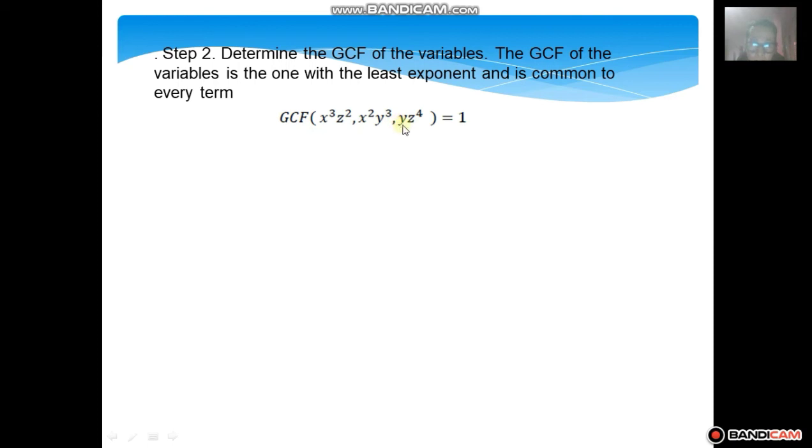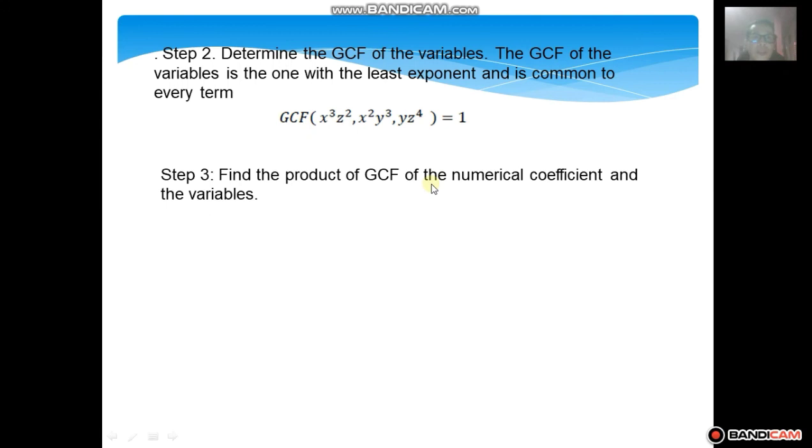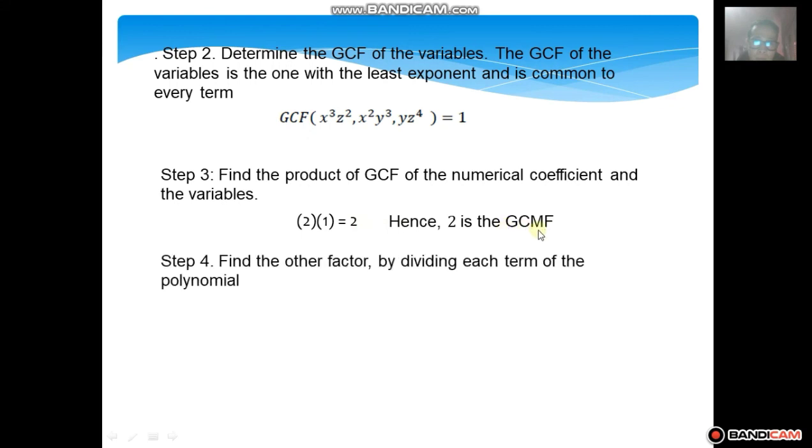So, automatically, our GCF for these variables is 1. We will make use of the numerical coefficient, which is 1, imaginary in this case. Next step, find the product of the GCF of the numerical coefficient and the variables. We will multiply 2 and 1. The result is 2. Hence, 2 is the GCMF now.